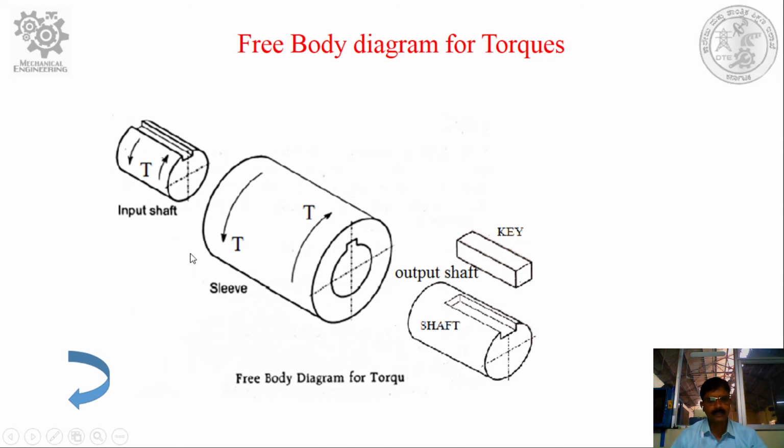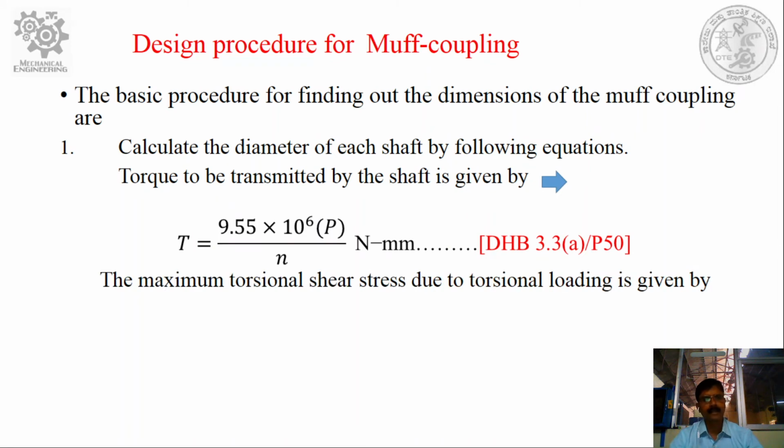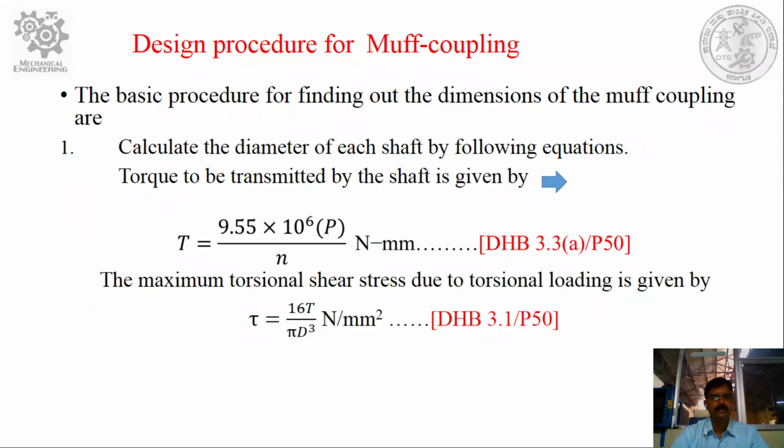These are the different elements present: the output shaft, and this is the key used to join the shaft and the muff coupling. Now this is the torque we are going to find out with the help of P and N. And then the maximum torsional shear stress due to the torsional loading is given by tau is equal to 16 T divided by pi d cube.